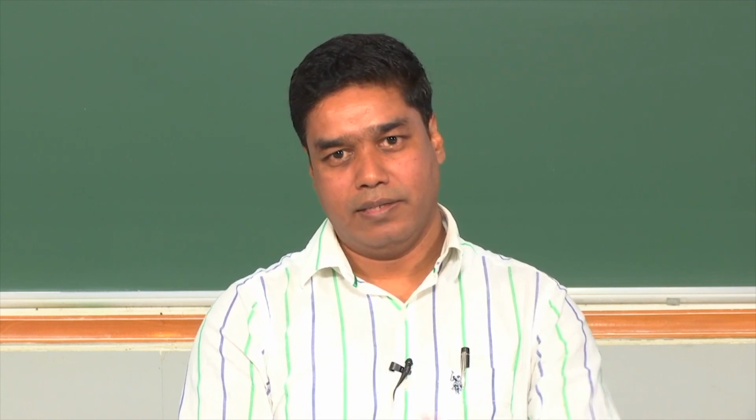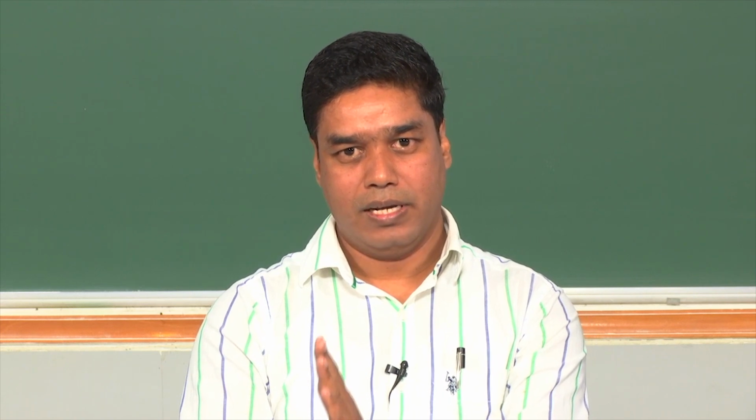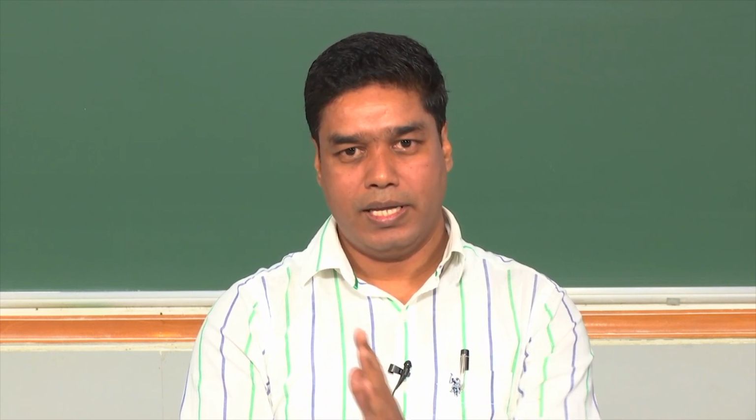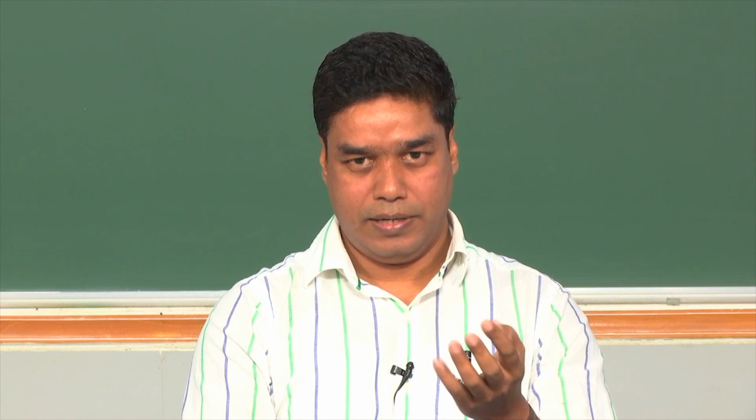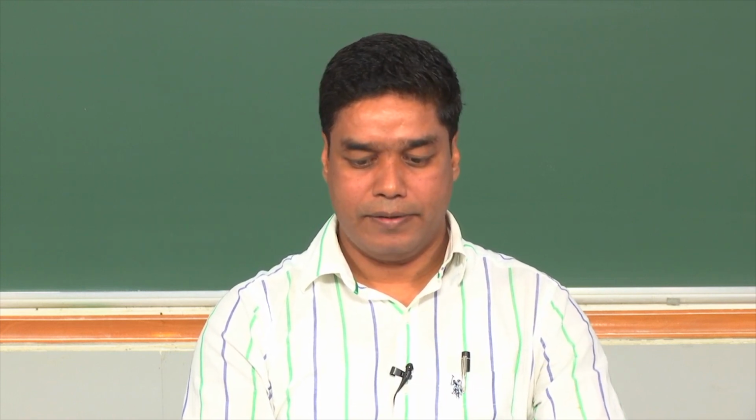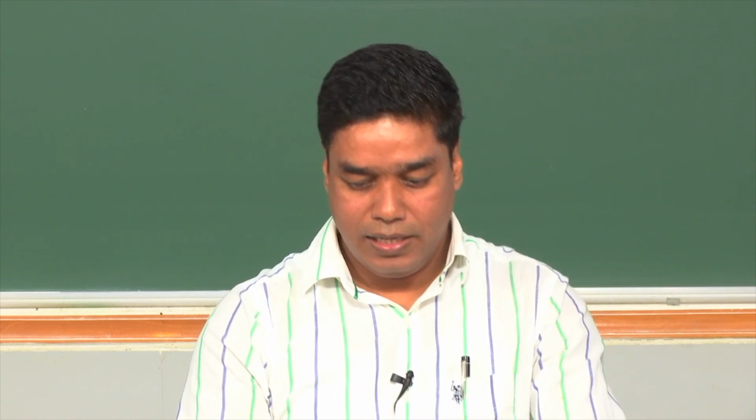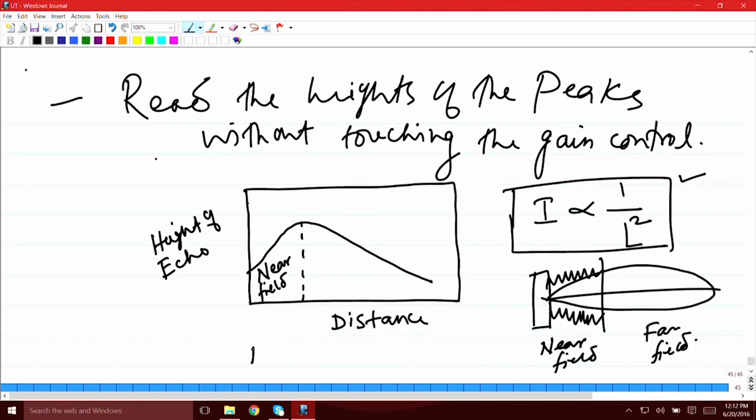Okay. So, as you increase the distance in the near field, the receiving would be better and the signal intensity would be higher. That is exactly what you see in this distance amplitude curve.